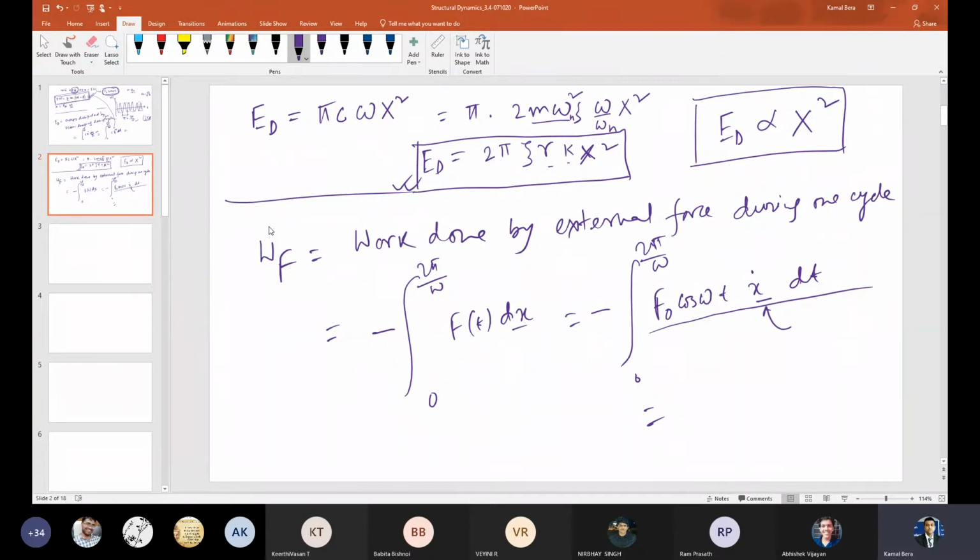So dx equals x dot dt. X I know, x equals capital X cosine omega t minus phi. So I will substitute x dot here, perform the integration, and get the result. This is a bit lengthy because you have to substitute something to get the result.